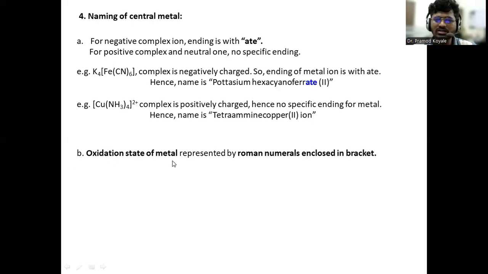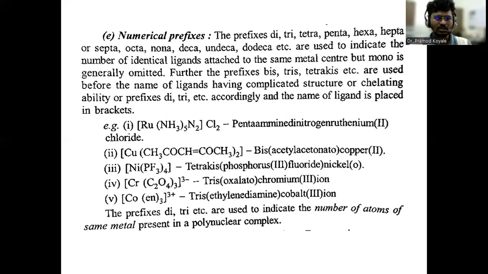So the oxidation state of the metal represented by Roman numerals enclosed in brackets is the last IUPAC nomenclature rule we have to deal with. On the basis of these 4 major IUPAC nomenclature rules, we can name any kind of coordination complex.